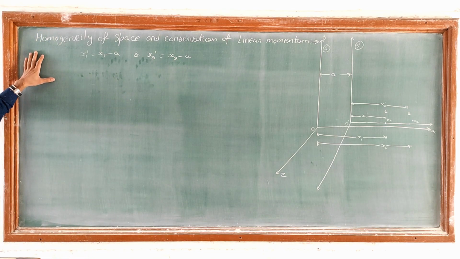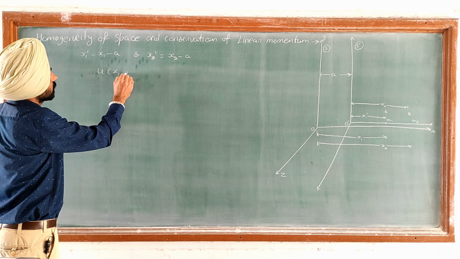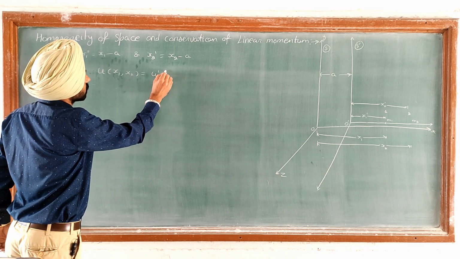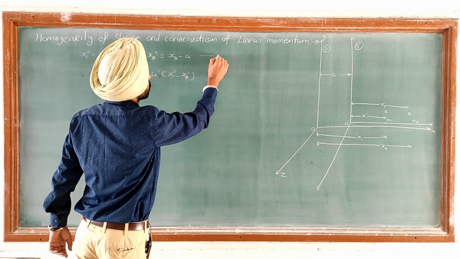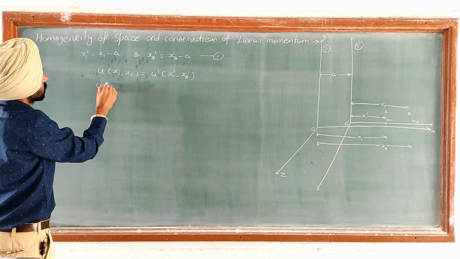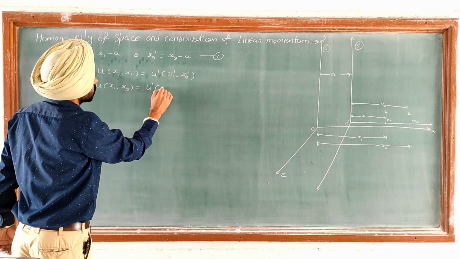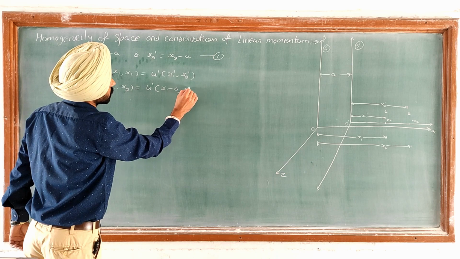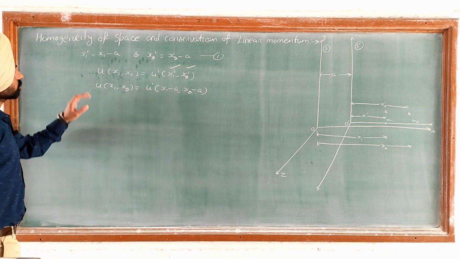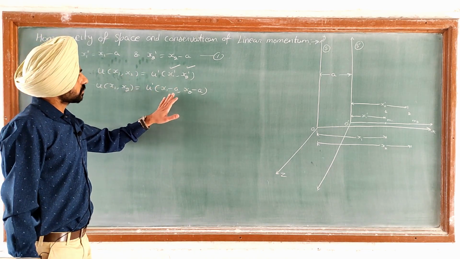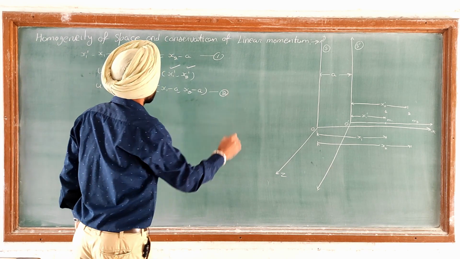Let this be equation 1. Now the homogeneity of space leads to the potential energy U(x1, x2) equal to U prime (x1 prime, x2 prime). With the help of equation 1, we can rewrite it as U(x1, x2) equal to U prime (x1 minus a, x2 minus a). I have used the values of x1 prime and x2 prime from equation 1, so it reduces to this form. Let it be equation 2.